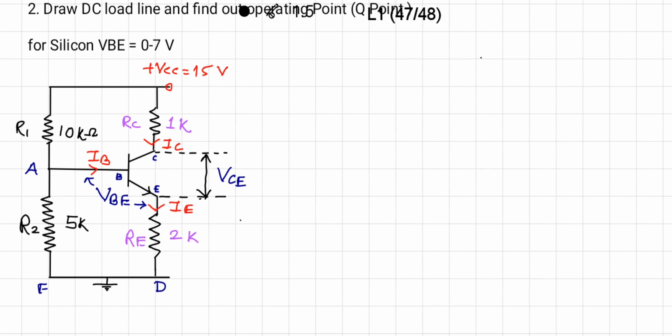So see, first important thing, we already know what is DC load line. Understand the concept. Here when we talk about finding the DC load line, it is the plot of VCE and collector current. We already studied it, and there are 2 points we join.